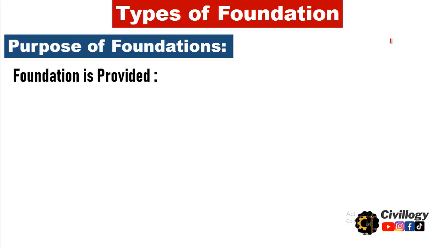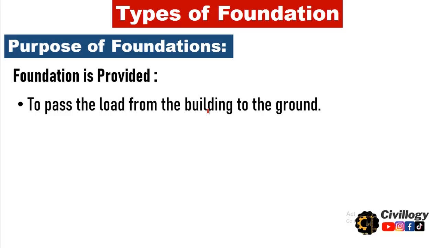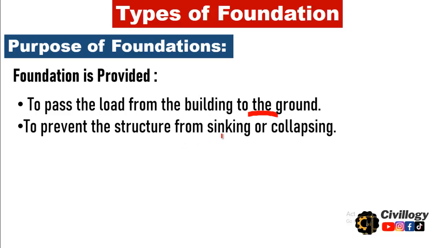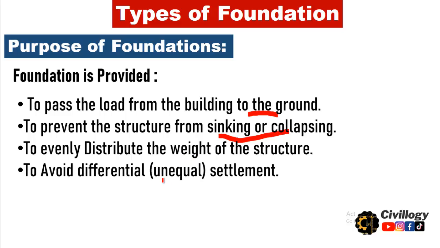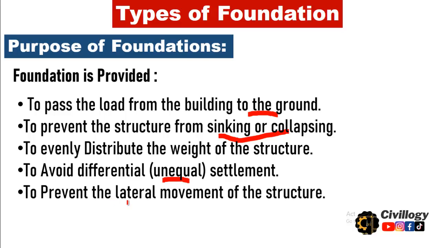We know that foundation is provided to pass the load from the building to the ground, to prevent the structure from sinking or collapsing, to evenly distribute the weight of the structure, to avoid differential or unequal settlement, and to prevent lateral movement of the structure. So these are the basic purposes of foundations. Irrespective of the type of foundation, these points should be fulfilled by the foundation type.